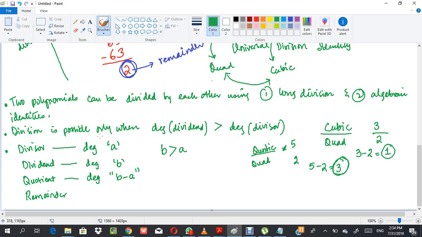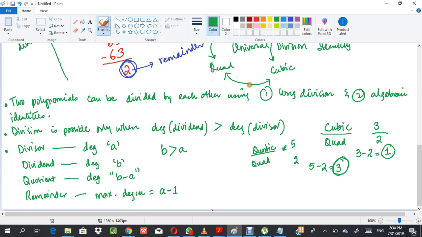But yes, there is a limit. The maximum degree of the remainder is going to be A take away 1. So if I have a divisor of degree A, the maximum degree of the remainder can be A take away 1.